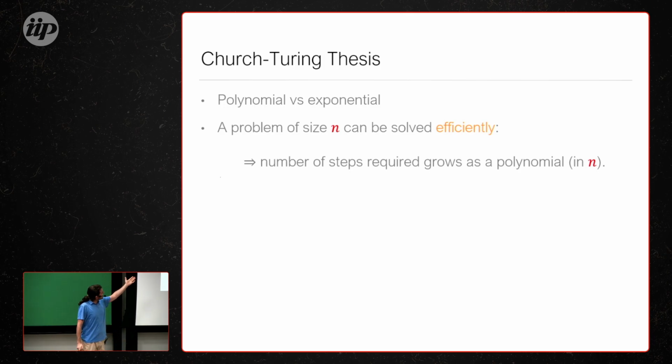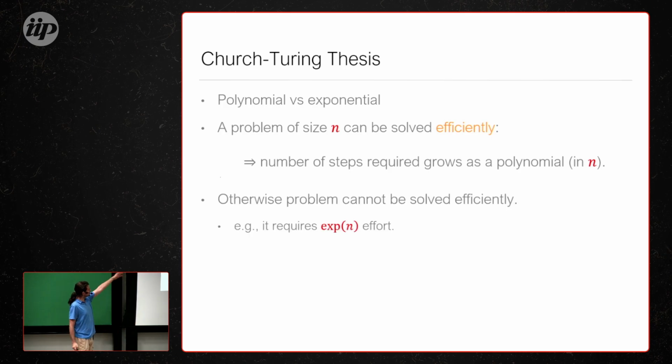And you're going to say that you can solve it efficiently if you need an amount of resources, which you can think of as number of computational steps, but also in terms of memory, energy, or whatever physical resource you care about, that grows only as a polynomial. Otherwise, if you can show that the problem requires exponential effort, then it cannot be solved efficiently.